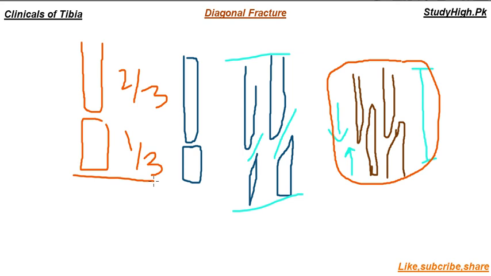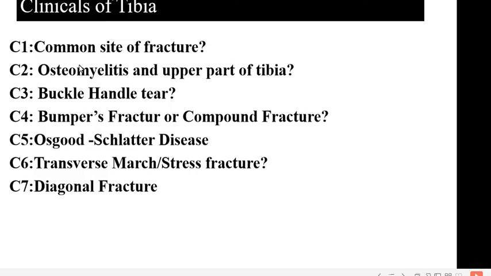So these are the different types of diseases that we have discussed today. What is the common site of fracture? You know osteomyelitis, how it is caused, how infection of bones occurs in children and adults, buckle fracture, bucket handle tear, bumper's fracture or compound fracture, Osgood-Schlatter disease, transverse march or stress fracture. In what part of the tibia does it occur? In the lower one third.